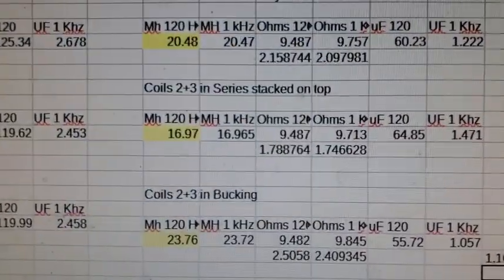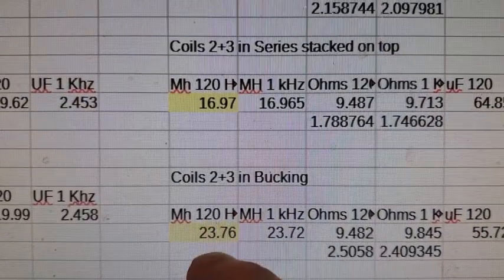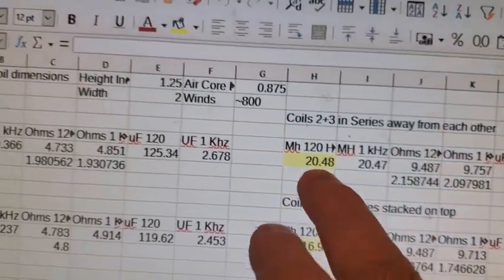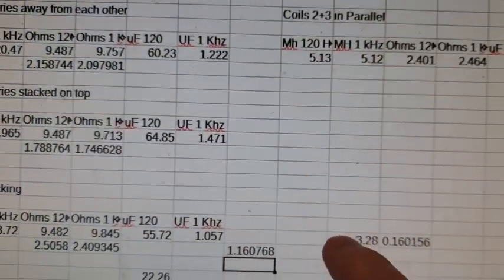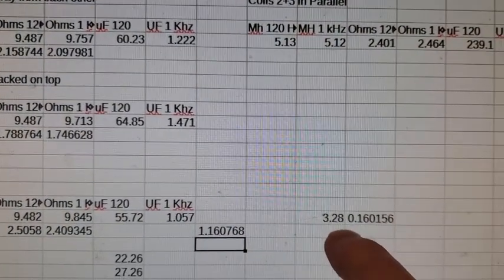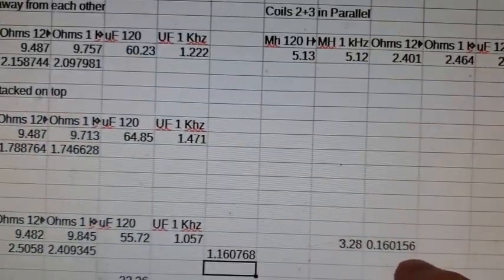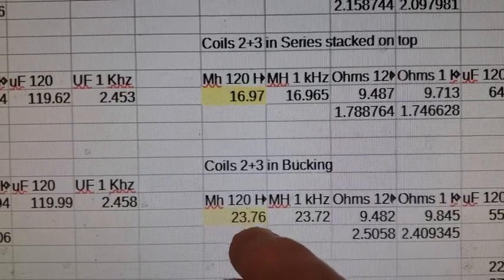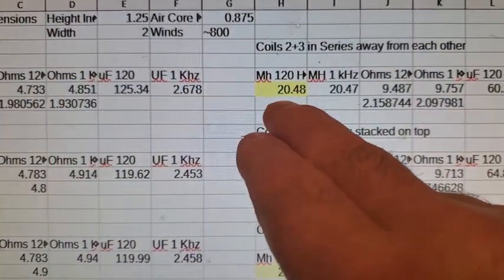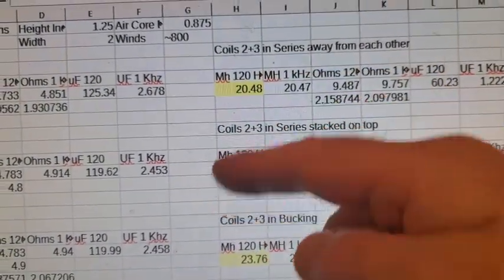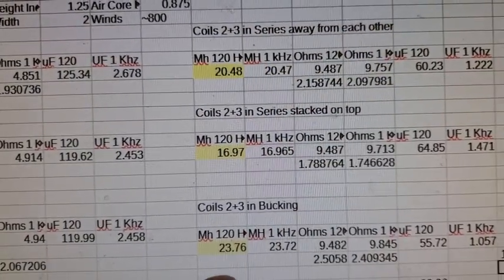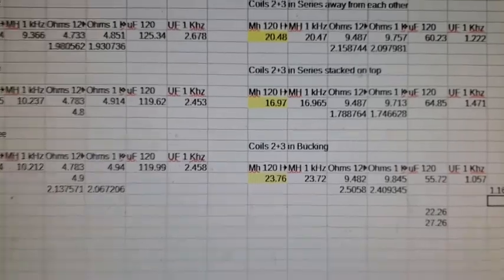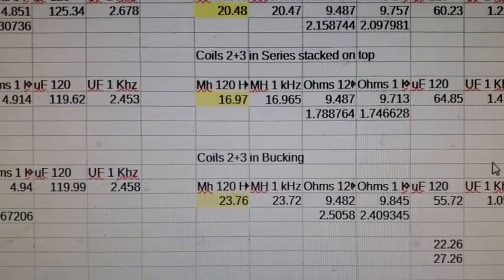So what I did here is take this 23.76 minus what it was in series, 3.28, and then divide that 3.28 by 20.48. So this was 16% better wound this way than just the two in series. And when you put it pulsing and charging a cap, you actually see an improvement. When I see an improvement there, it's like, okay, that's good.